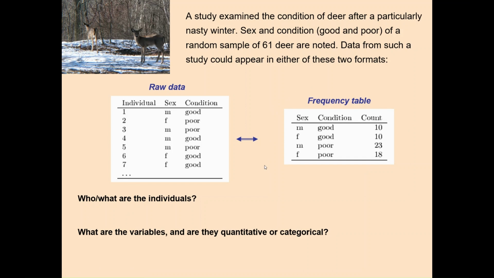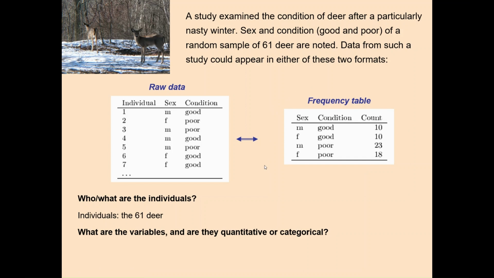Okay. So, first of all, who and what are the individuals here? The individuals in this study are just the deer. Each one of the deer is an individual. And then what are the variables and are they quantitative or categorical?